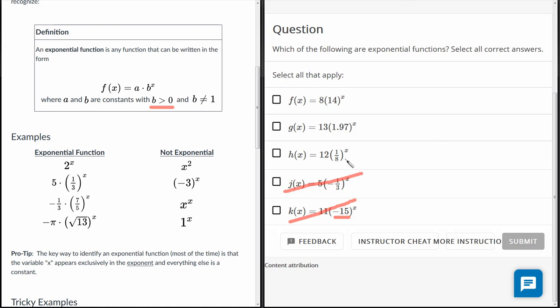But I think the rest of these functions are okay, because you got a non-zero constant out in front, so no problem there. And then you've got a number raised to the x power, and that number is a positive number, and it's not 1. So the ones that are exponential functions are these 3 right here.